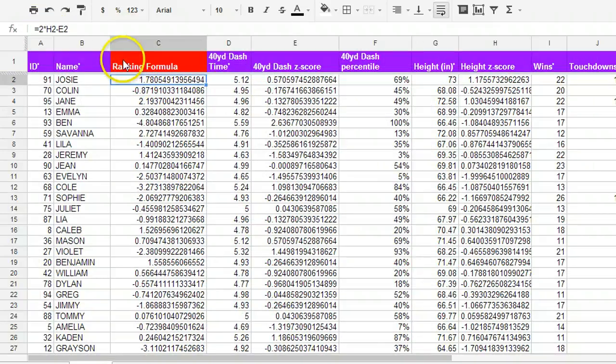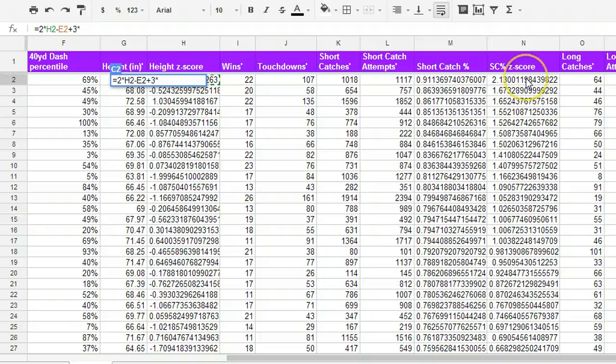So I have 2 times my height z-score, because I decided that that was going to be useful, plus my 40-yard dash z-score, and now I decided I'm going to add on, let's say short catching is super important, 3 times my short catching percentage, and that's way off the screen here, so I'm going to scroll over to that.